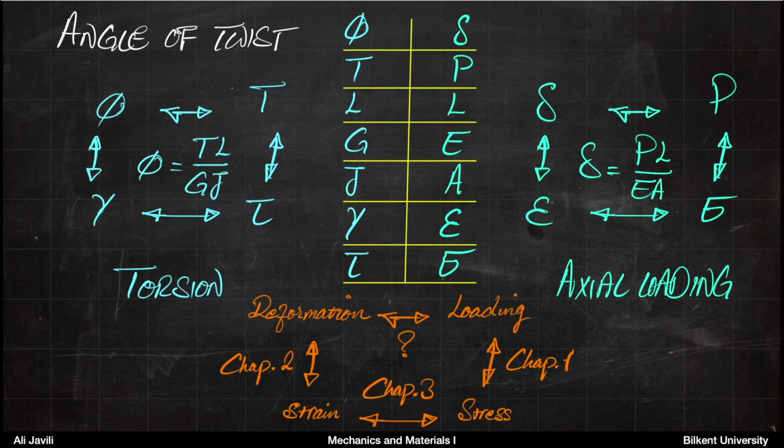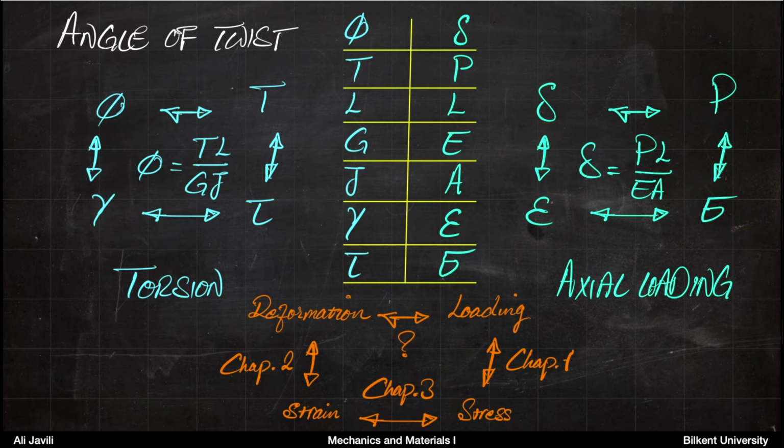Now, if we put these two problems of torsion and axial loading one-to-one, let's say on the two sides of the paper, we can see a very interesting analogy between the two problems. So remember, again, in the sense of a big picture of mechanics that we had before, we have deformation, loading, stress, strain. Now, for axial loading, these quantities are delta, P, sigma, epsilon.